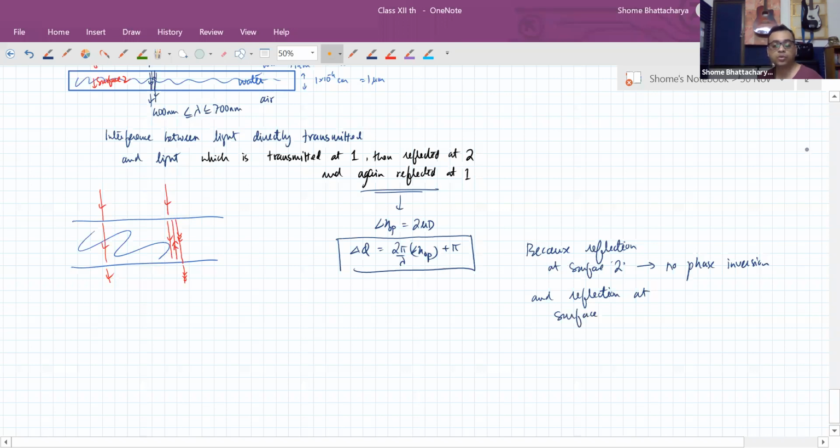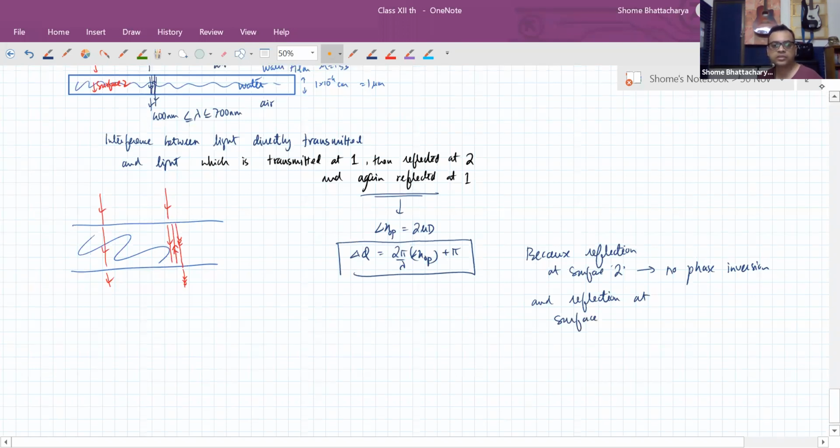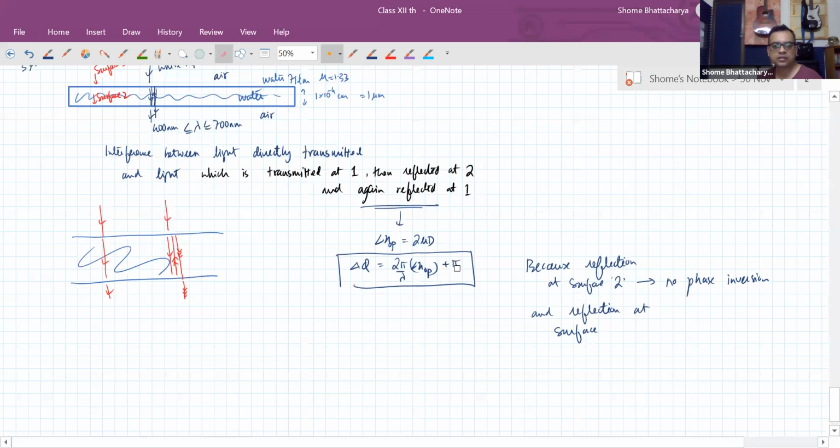Oh sorry, both the reflections are soft, so there is no phase inversion, my mistake again. See, when light is coming back and reflecting at surface 1, again there is no phase inversion.